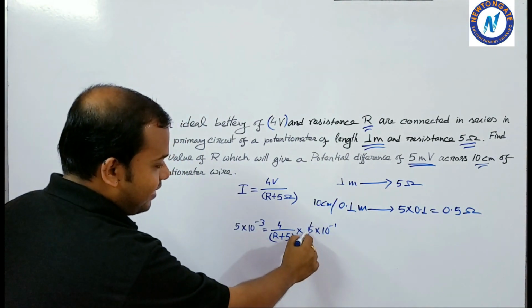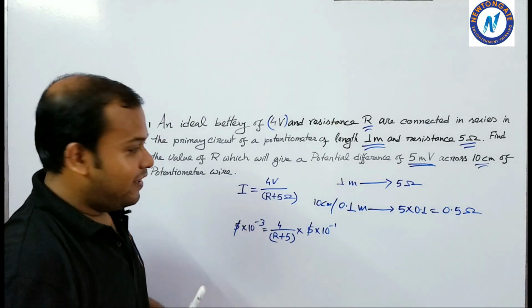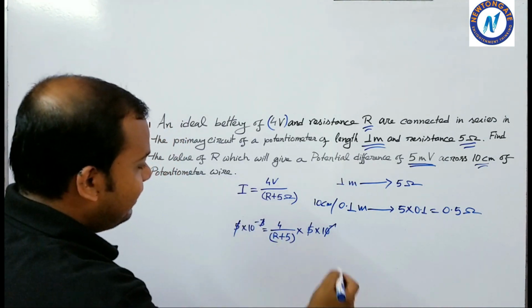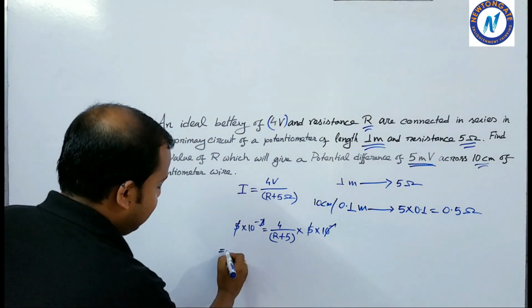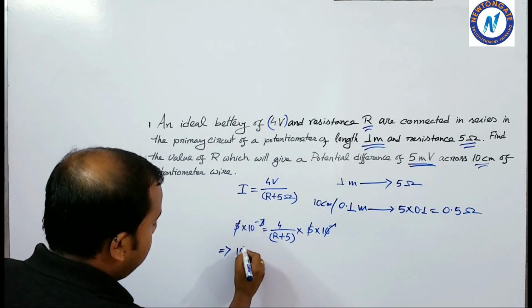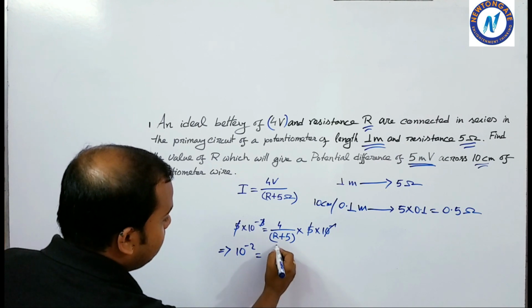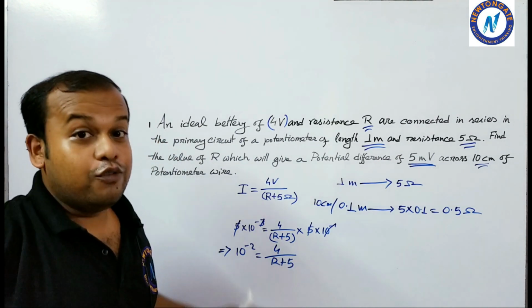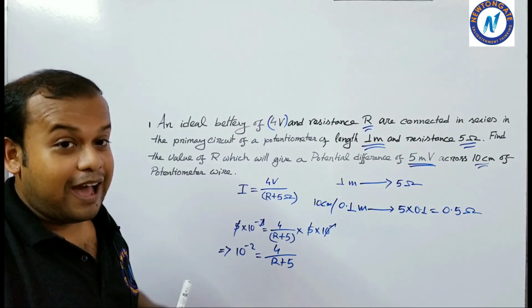Let me cancel this 5 and this 5, and this 10 to the power minus 1 with one of these, and write the equation as 10 power minus 2 equals 4 divided by R plus 5.